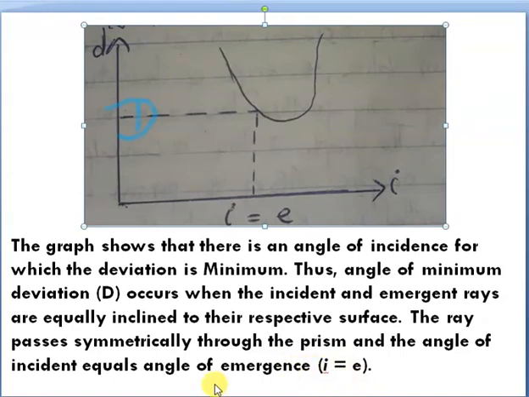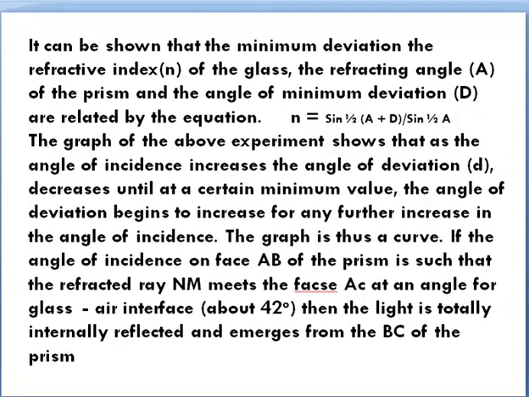Now, with experiments, we find that there is a formula that connects the minimum deviation, the refractive index of glass, and the refracting angle of the prism. What is this formula?